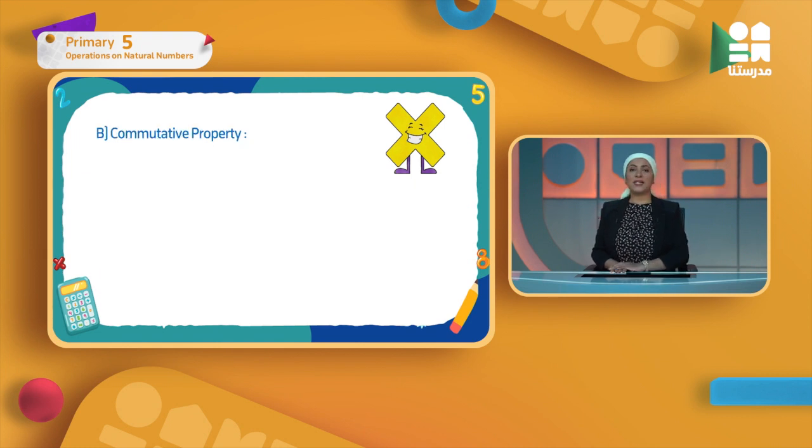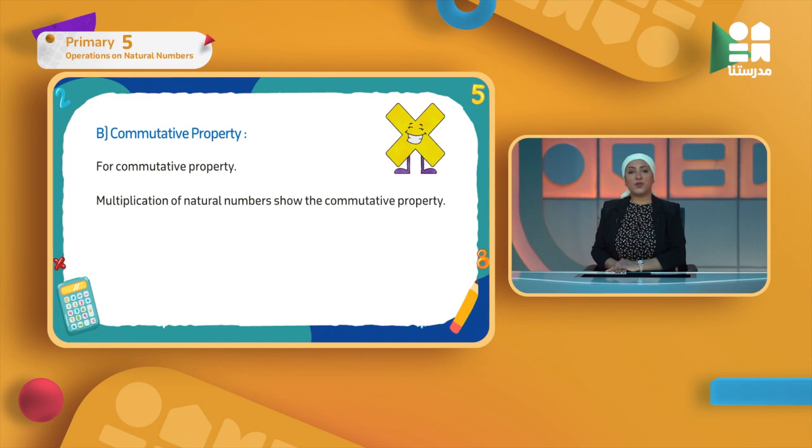Now let's move to the second property, the commutative property. Multiplication of natural numbers shows the commutative property. يعني البروبرتي بتاعت الcommutative دي متحققة في multiplication.